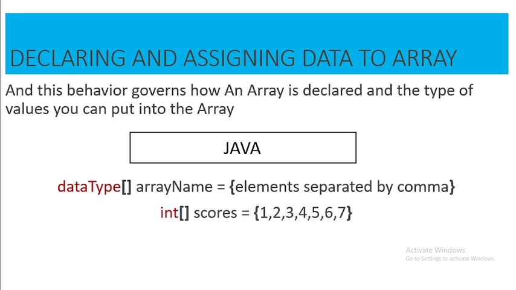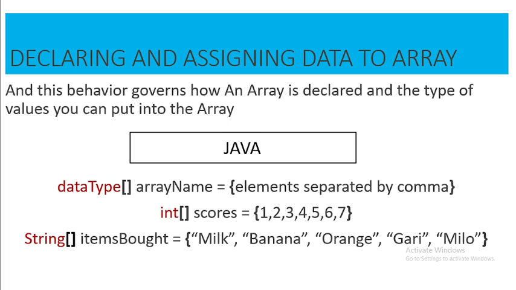For example, you declare int, which is the data type, then the square brackets, then the name of the array, scores. The data type is integer because the array holds integers. You can change the data type to another for this particular array apart from integer values.